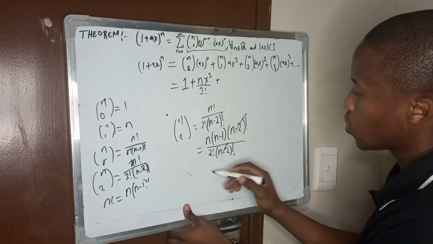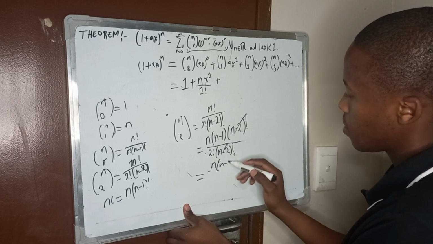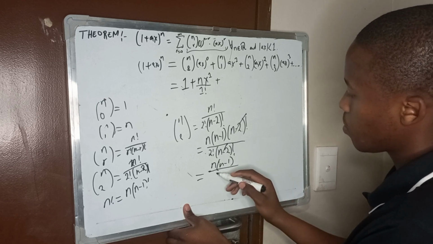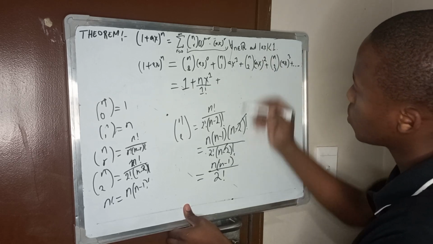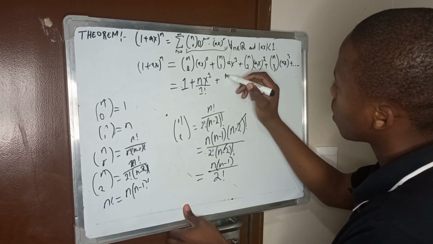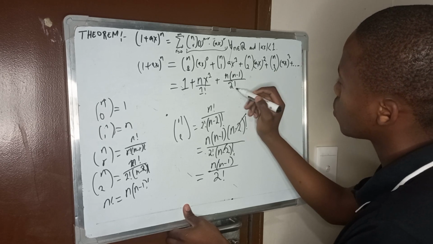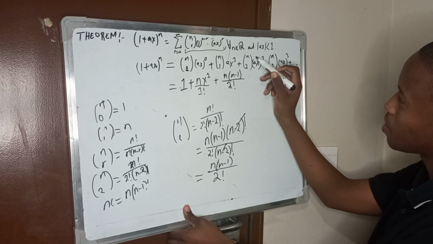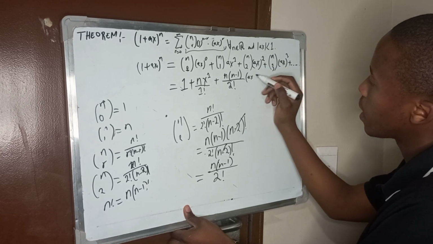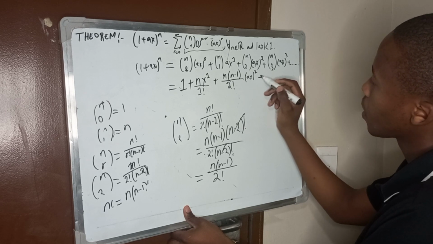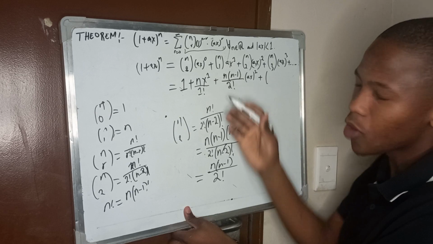So this and this go out, then I'll be left with n times n minus 1 all divided by 2 factorial. Therefore, here I will substitute n times n minus 1 all divided by 2 factorial. But remember, I have this ax all squared, so times ax all squared.